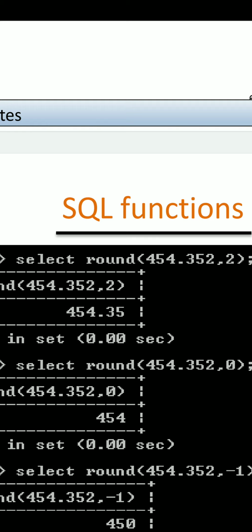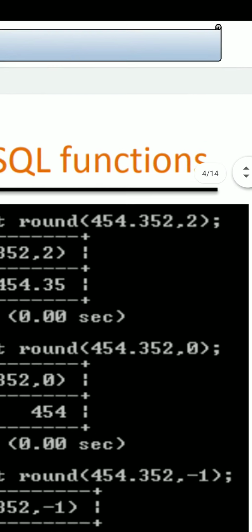At 2 decimal place it's 5. So 5 should be rounded, but it will not be rounded to the next integer because its right side value is 2 only. So the result of this rounding is 454.35 only.